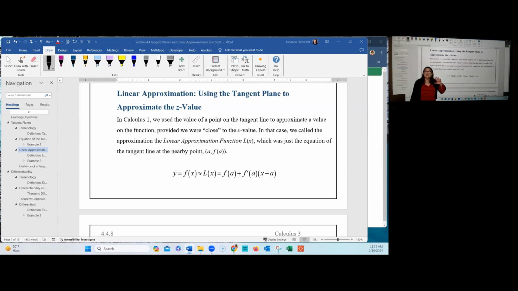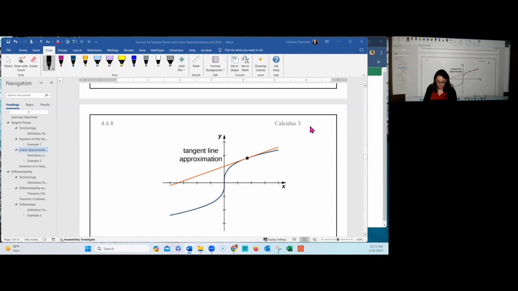But really, it's just the tangent line at the point a, f of a. So we have the y value f of a, x minus a, and f prime of a representing the slope of the tangent line. When we used this, we were able to approximate values on the function by instead using values on the tangent line.